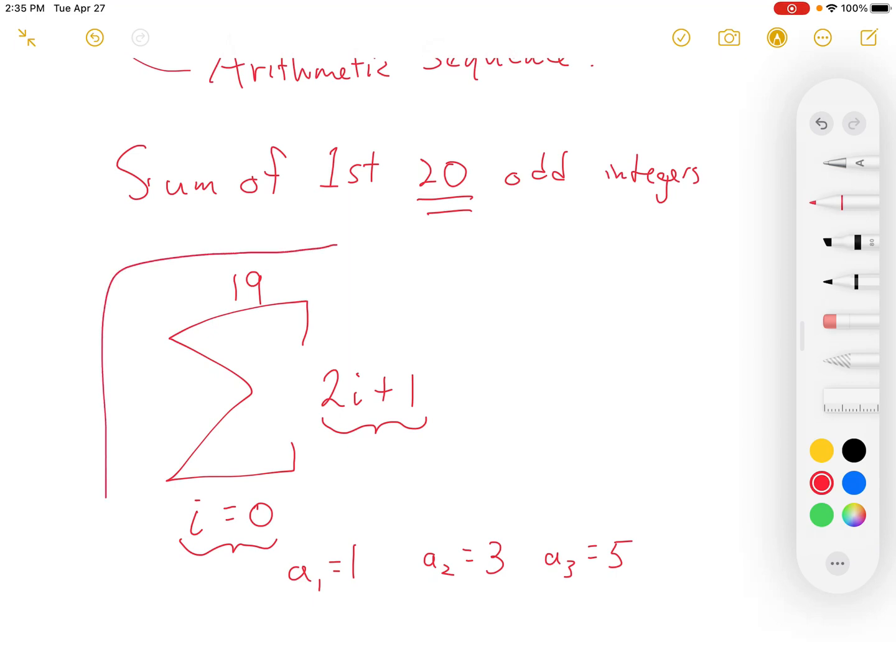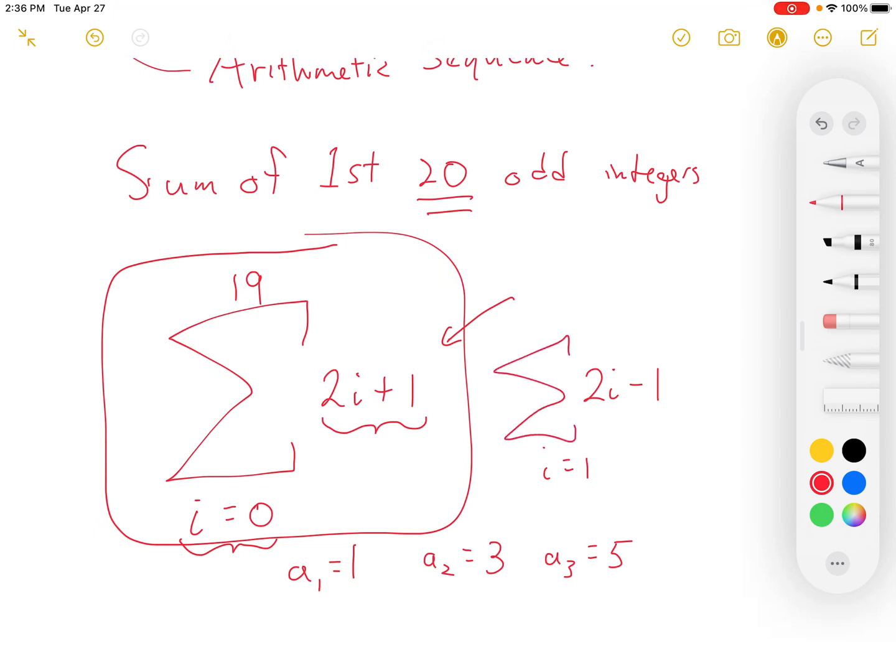So this is written then in sigma notation. Now, I'm just going to tell you there are a lot of people that will have something different there. You could go, let's see, how about 2i minus 1 if you started with 1? Would that give you the same thing? So a sub 1 would be 1. Yes, it would. A sub 2 would be 3. So you'd go 1 through 20.